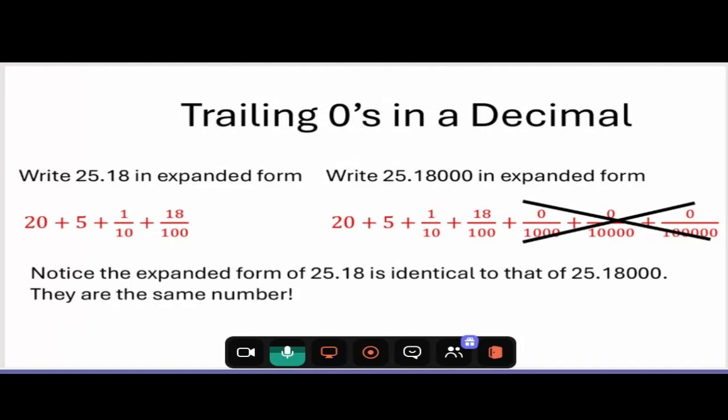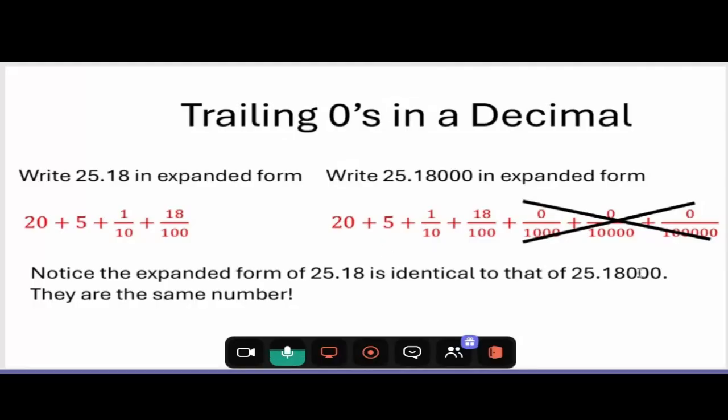They are exactly the same. 25.18 in expanded form, 20 plus 5 plus a tenth plus 8 hundredths, is exactly the same as 20 plus 5 plus a tenth plus 8 hundredths, this number here. So that means 25.18 is actually the same number as 25.18000.